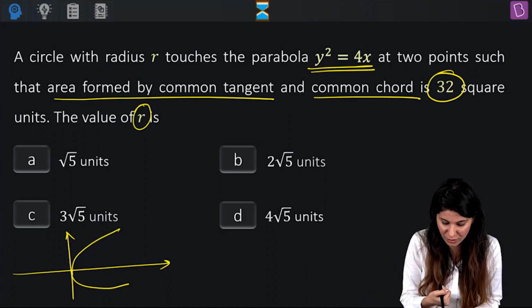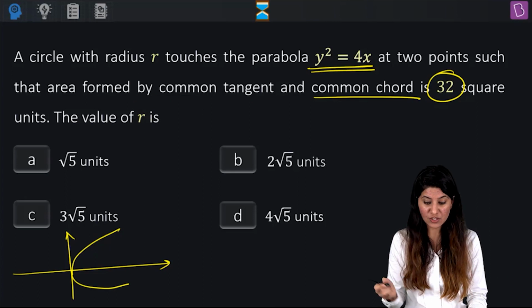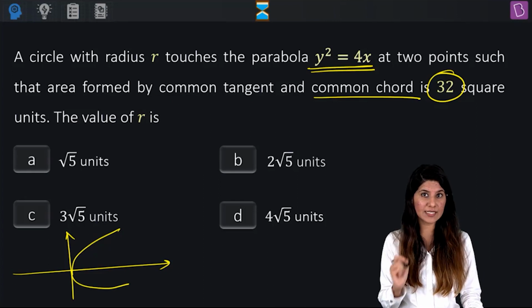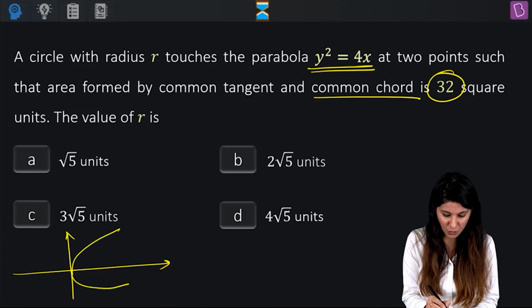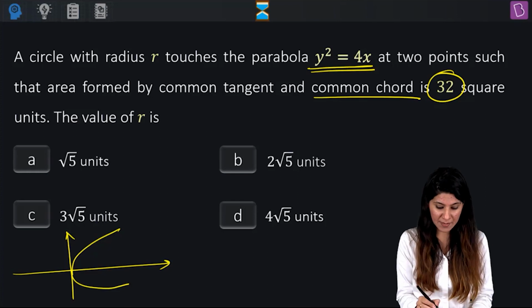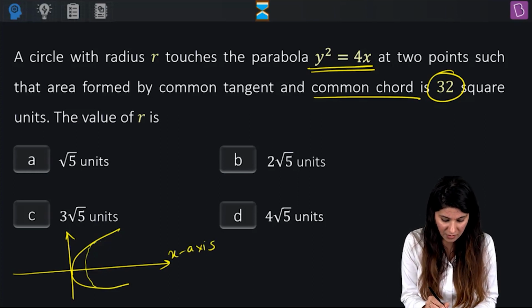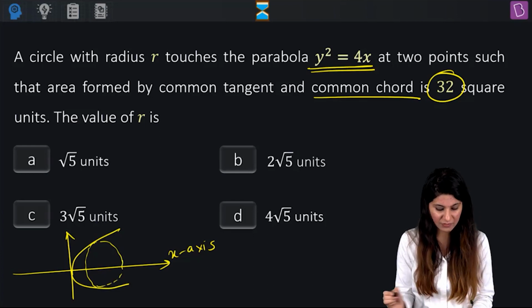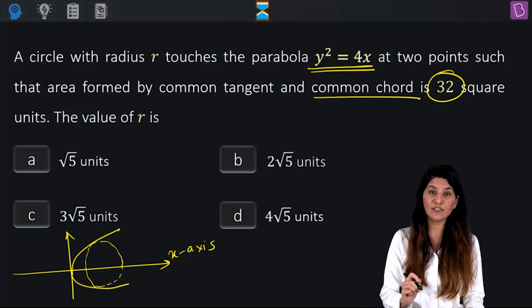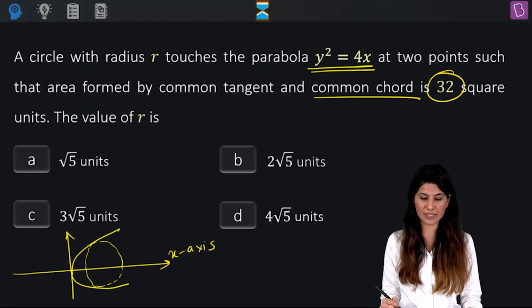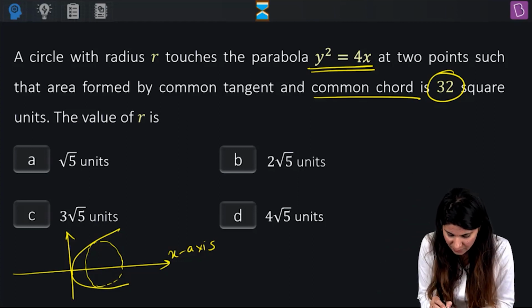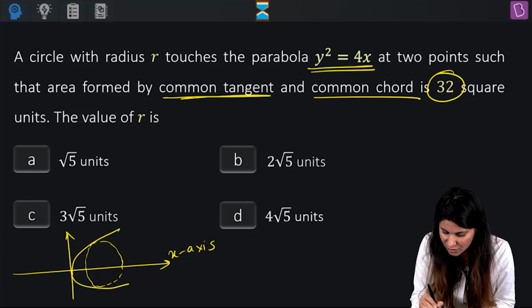Since the circle touches the parabola at two distinct points, the circle should be symmetric about the axis of the parabola. If it is not symmetric, then the circle will not touch the parabola at two distinct points. Okay, sorted.